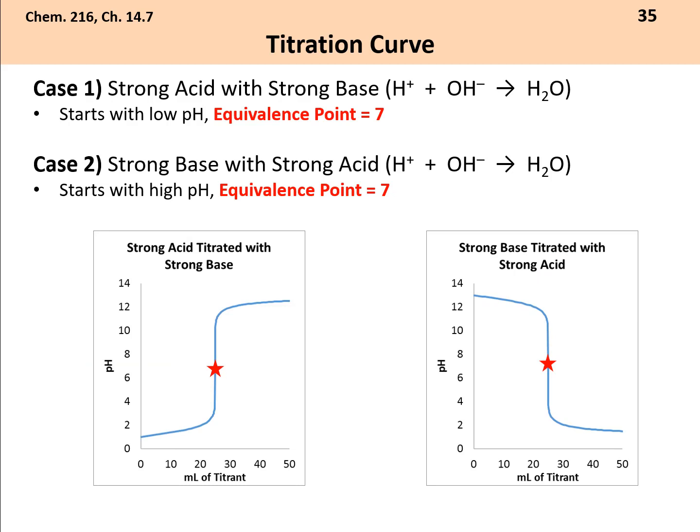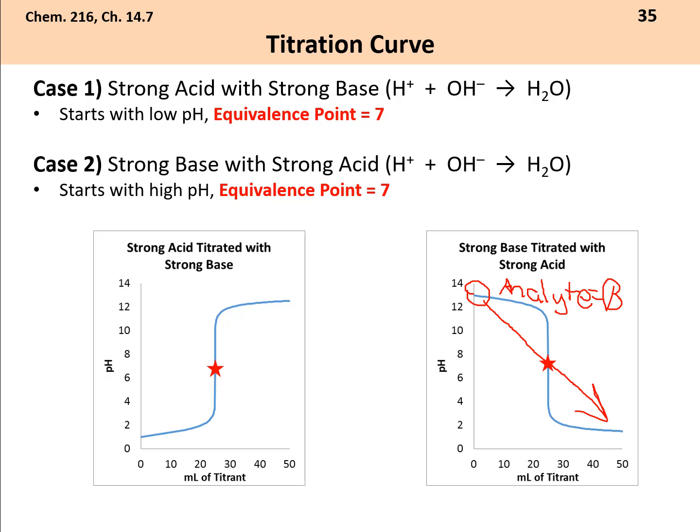Let's look at the opposite way. If instead I had a strong base and added in strong acid, in this case my analyte would be base, and I'm adding in acid. So seeing that I'm adding acid, my pH decreases. Notice how this is just the opposite.